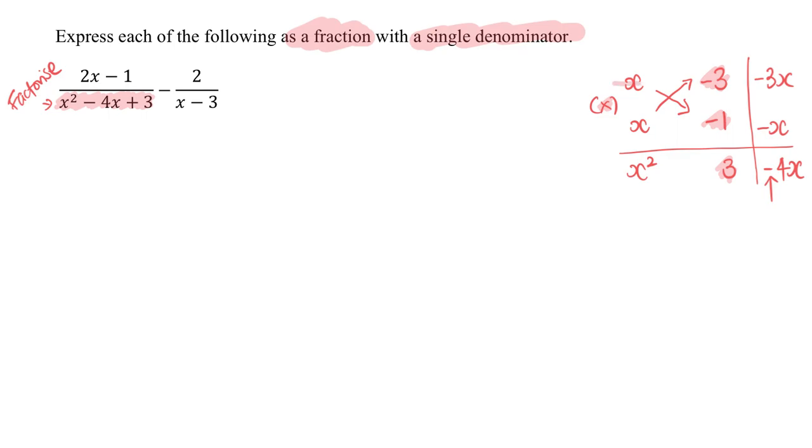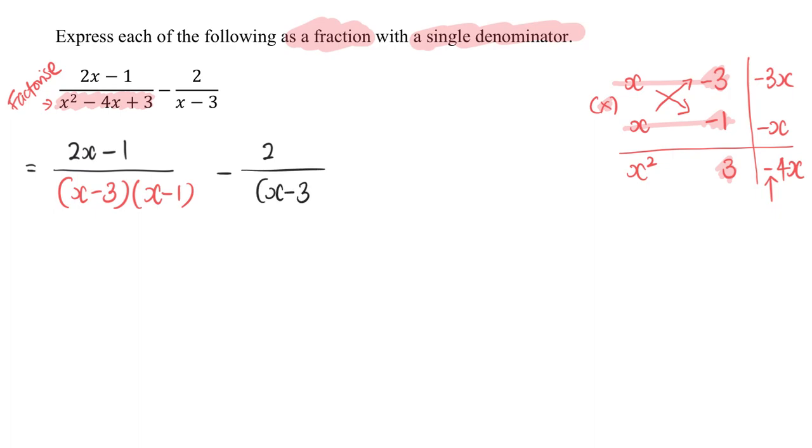And so I would get my factorized form. This is 2x minus 1. The factorized form will be x minus 3, x minus 1, minus 2 over x minus 3. And I saw that x minus 3 is already there.